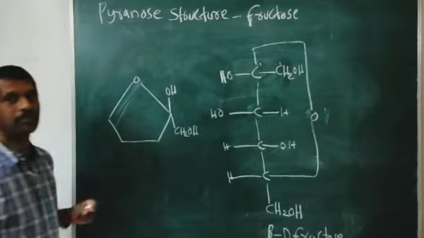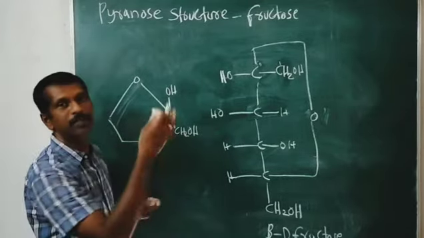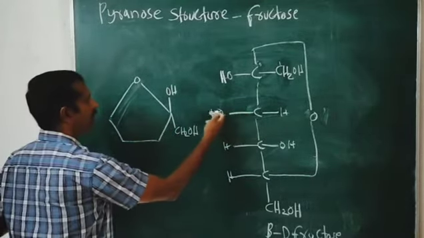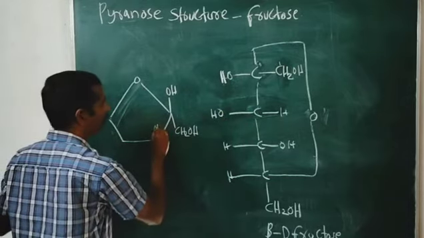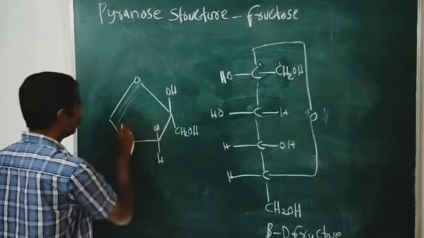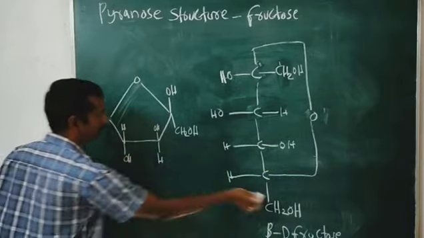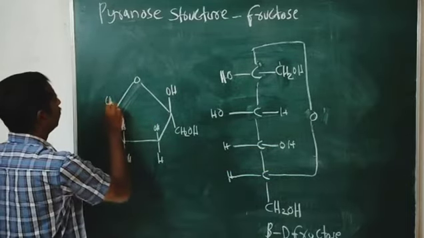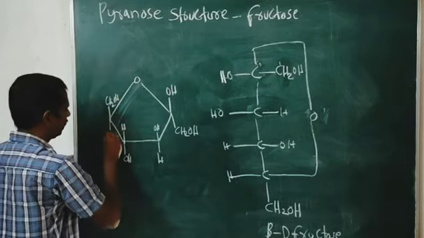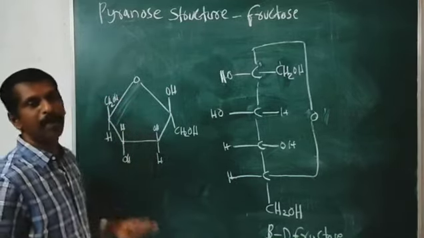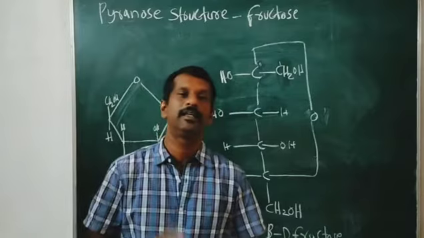Clear? That is the only difference between alpha and beta. The rest is as it is here. Next carbon, third carbon, here it is OH, and here it is H, and OH is down, and this is the N part, CH2OH, and here it is H. This is the pyranose structure for beta D fructose.